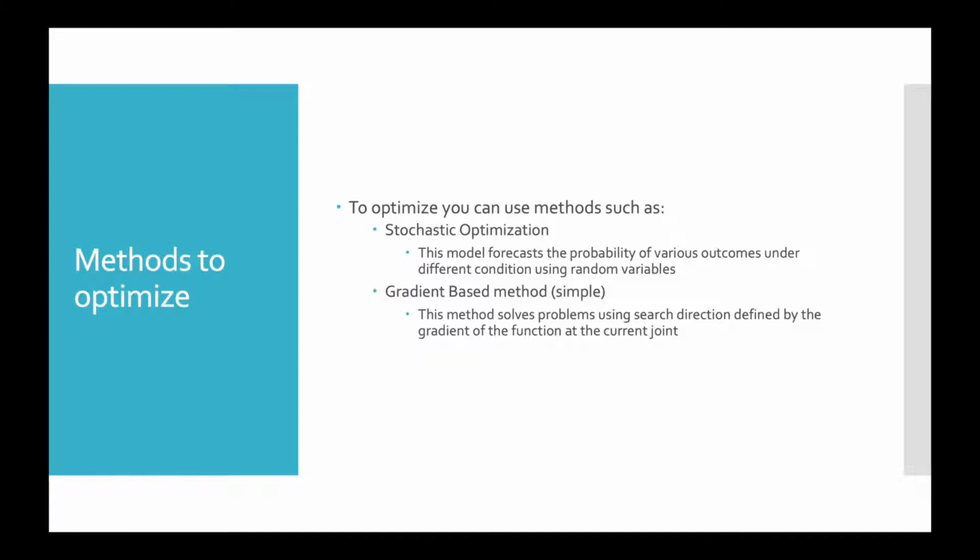And the second is the gradient-based method, which is a simpler one. This method solves problems using a search direction defined by the gradient of the function at the current point. So these are two methods to optimize continuous simulation problems and try to find the optimal solution.